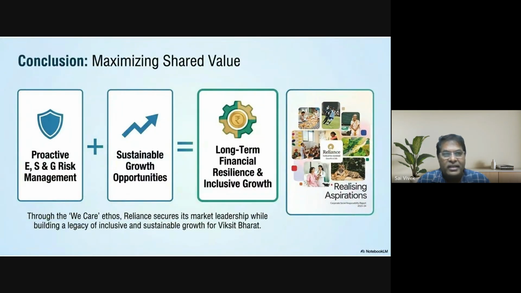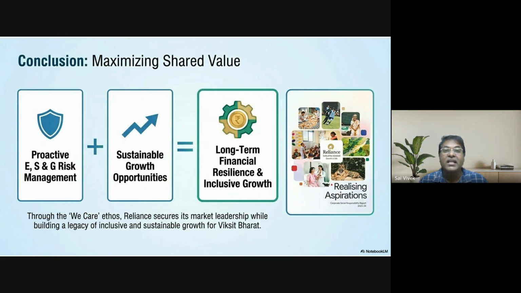So coming to the conclusion, maximizing the shared values, proactive ESG management, and sustainable growth opportunities result in long-term financial resilience and inclusive growth. ESG risk management is to be done proactively, not reactively, not after the event or disaster has occurred.